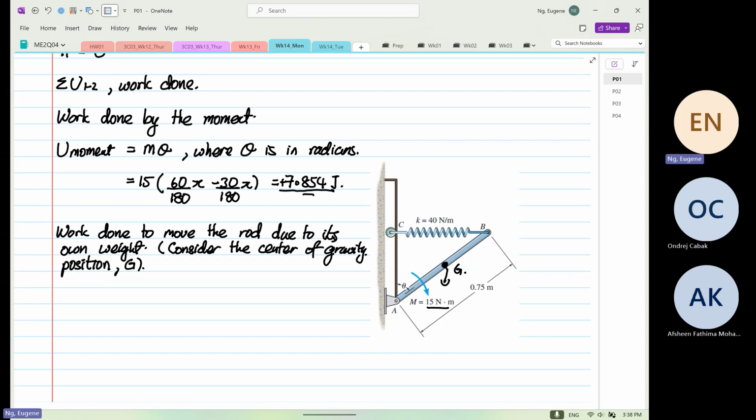So the U of the rod, the work done by the rod, is equal to mgh, where h is measured from the center of gravity.